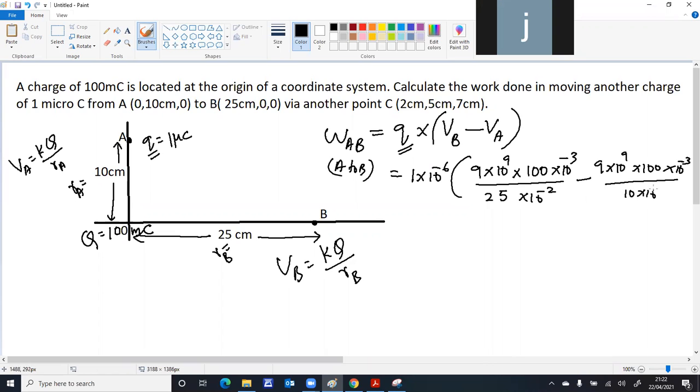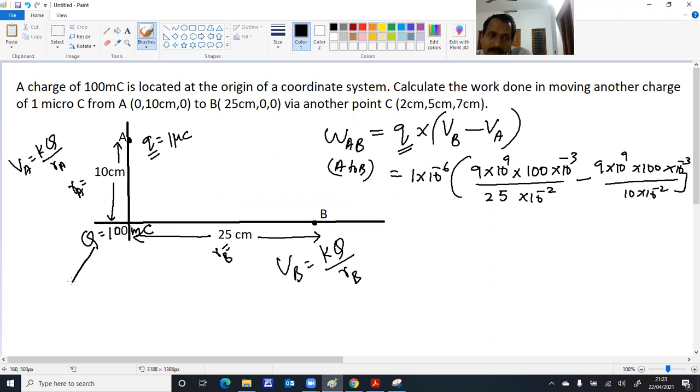So for VA, why are we taking capital Q? Who is producing potential at A and B? It's not the moving charge, right? Remember when we did the potential derivation, one source charge was stationary. We moved a test charge and the final expression was in terms of the source charge, right? So that is a note again.